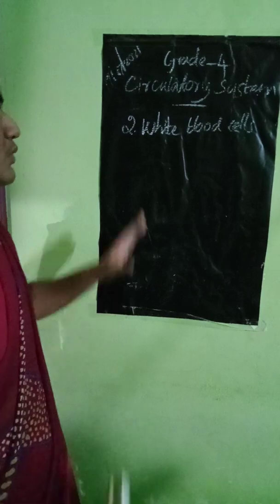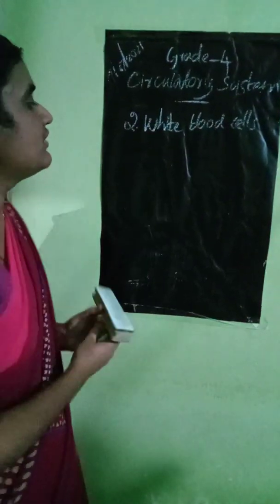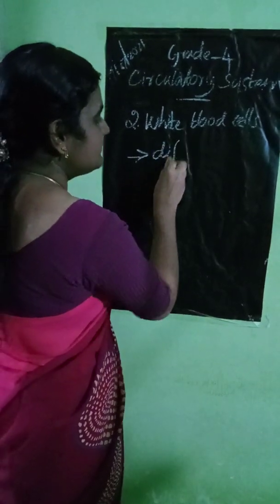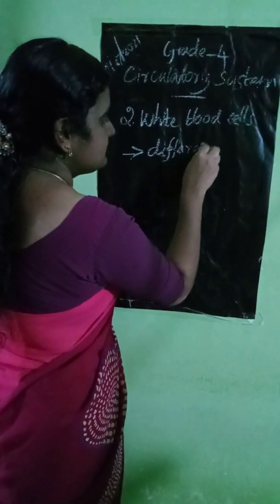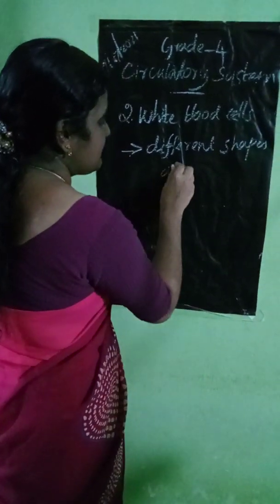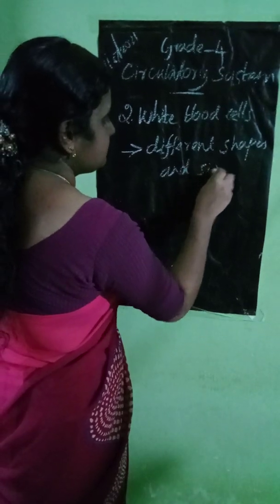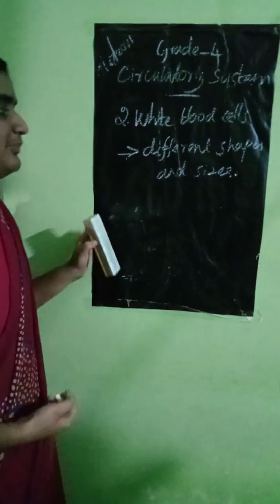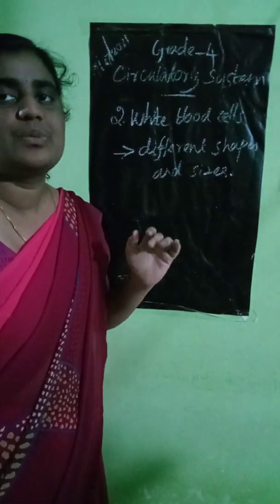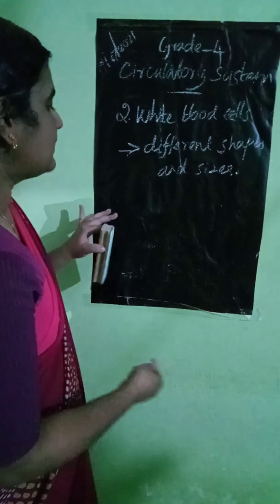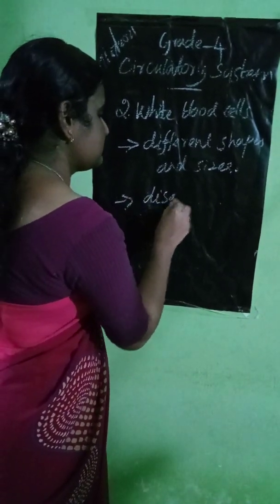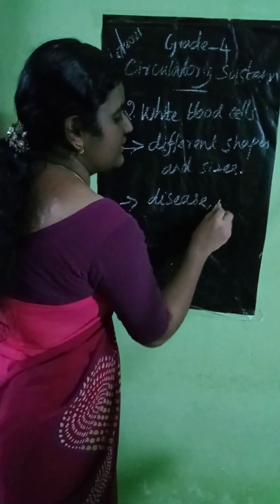These white blood cells are of different shapes and sizes. These white blood cells help our body from getting disease and infection.